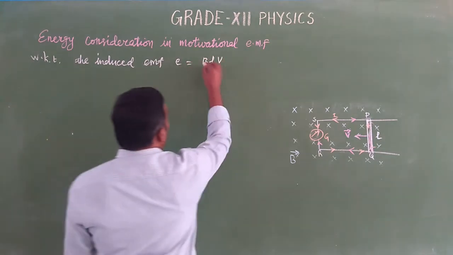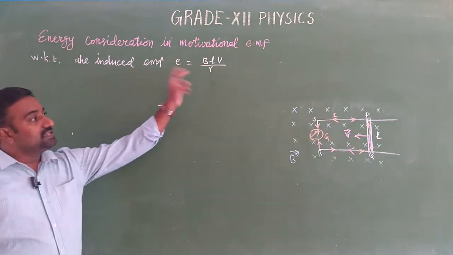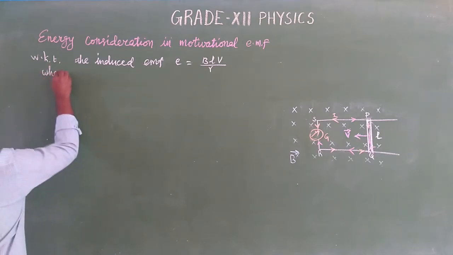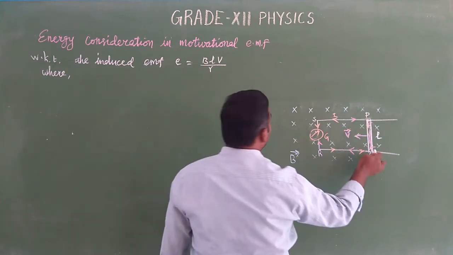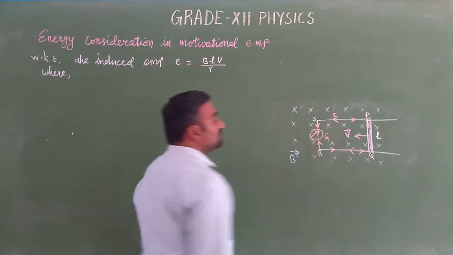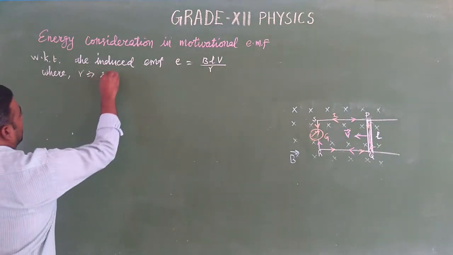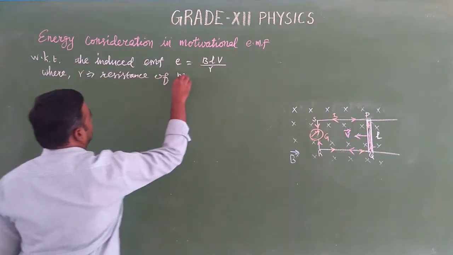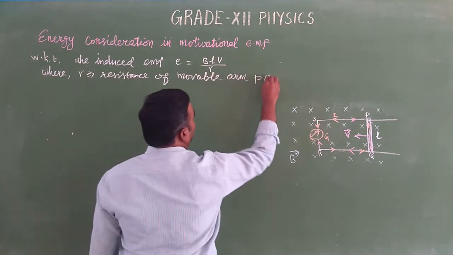Here B is the magnetic field in the region, L is the length of the movable conductor, and V is the velocity with which it moves. R is the resistance of the movable arm PQ.